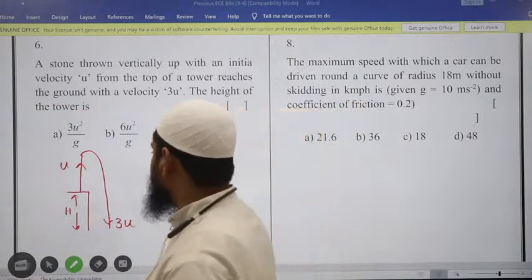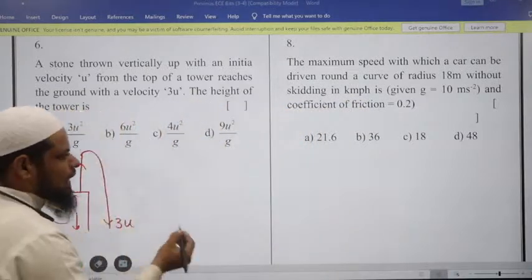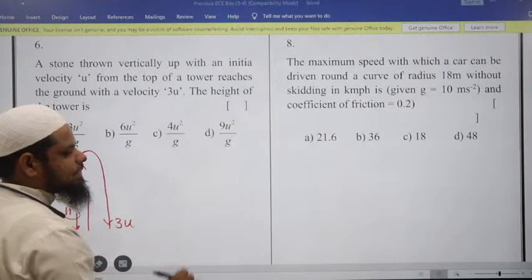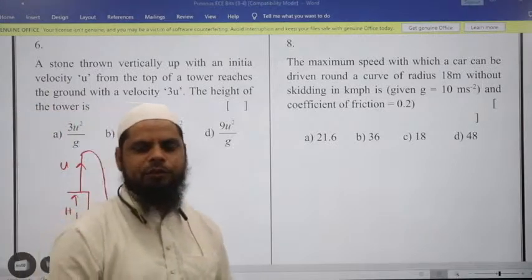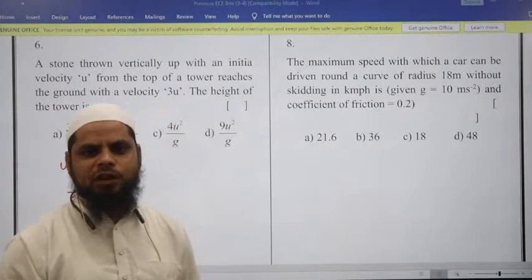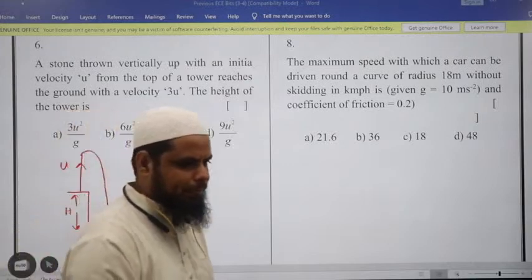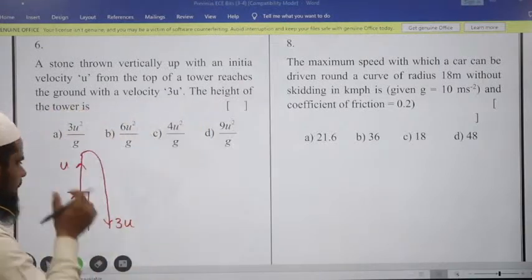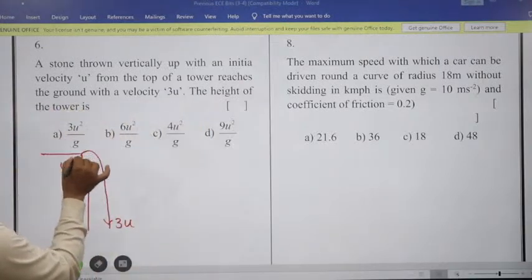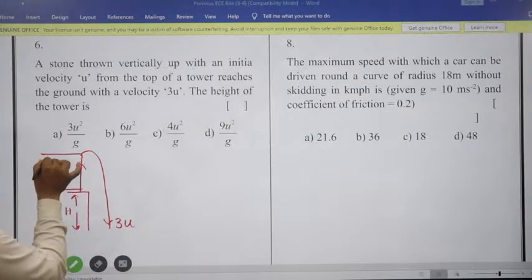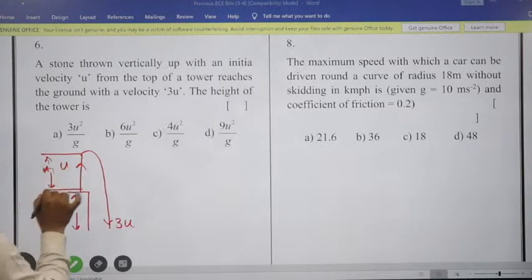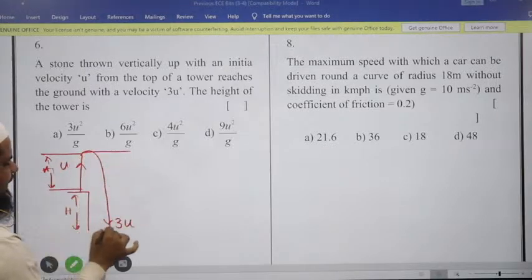So in that case we have a shortcut method. H is equal to u square by g into n square minus 1. We can use that shortcut. Or else if you don't have knowledge of the shortcut method, go for this one. This one is h1 and this one consider as h2.